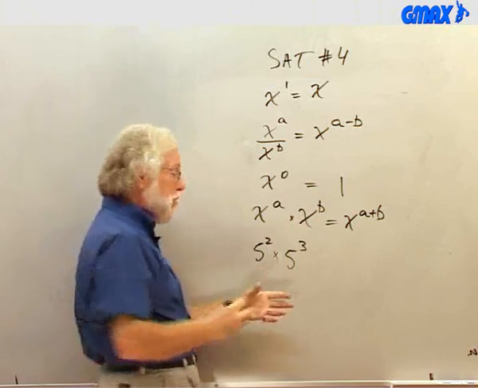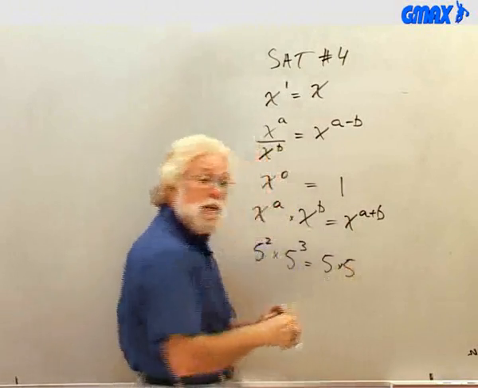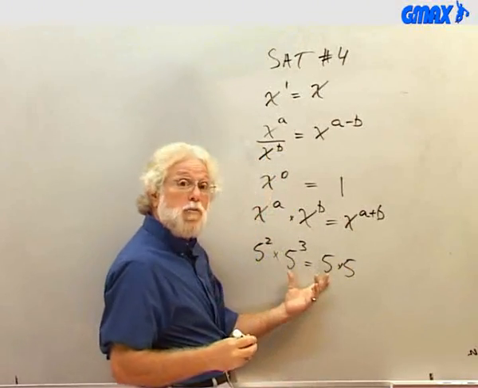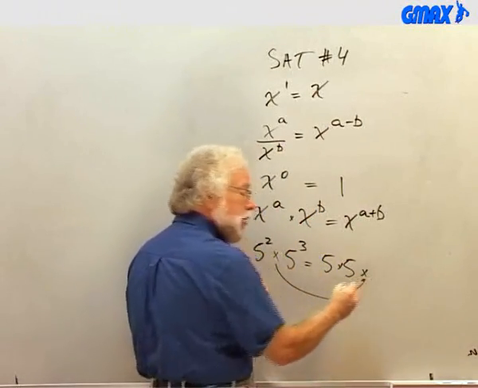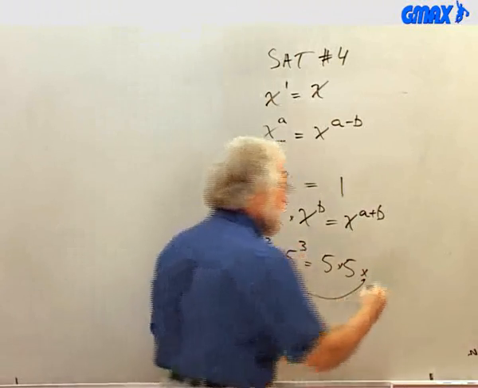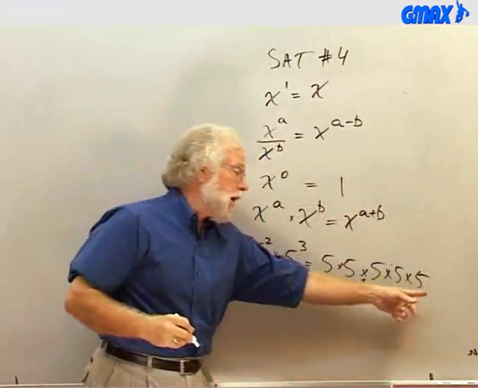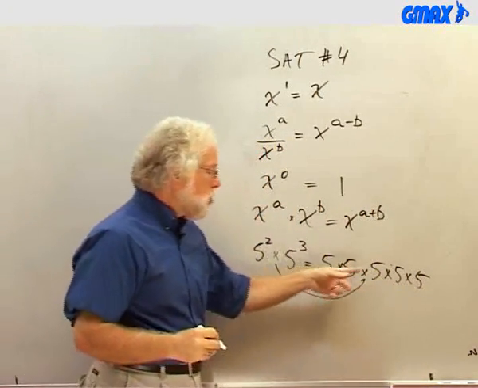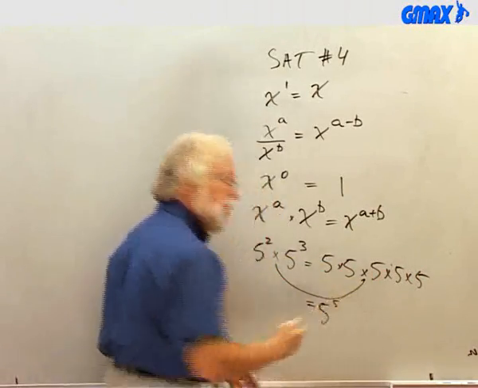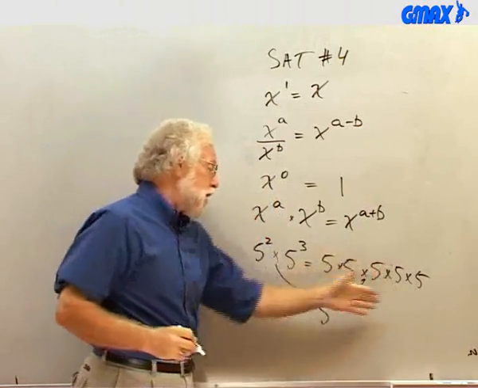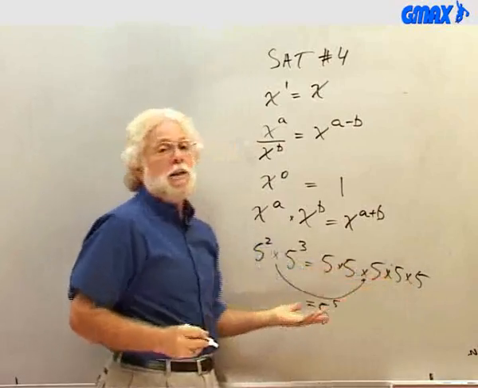So if we expand this, what do we have? 5 to the power 2, that's 5 times 5. 5 to the power 3, 5 times 5 times 5. How many times do we see them? 1, 2, 3, 4, 5. It's 5. What's that equal to? 5 to the 5. And I can do this with any letter. If this was x squared and x cubed, we'd have xx, xxx, that's x to the 5.